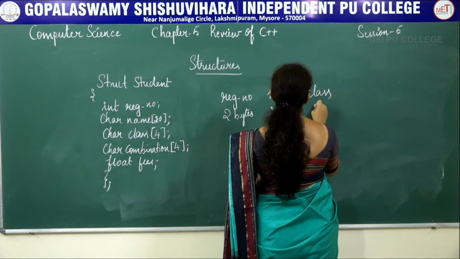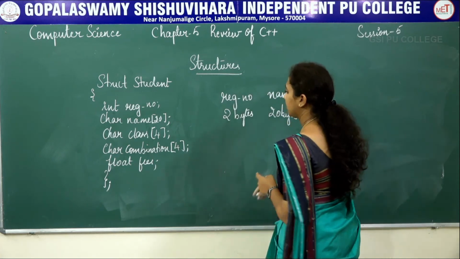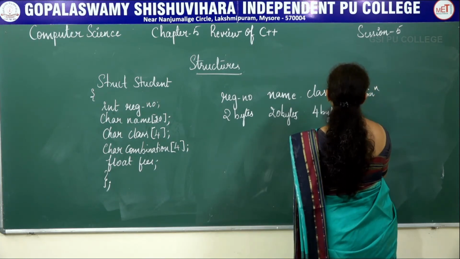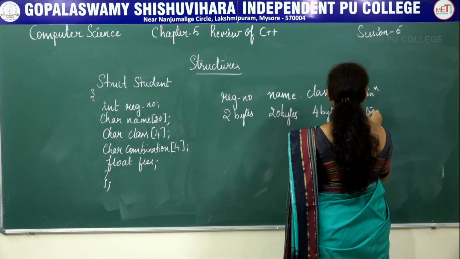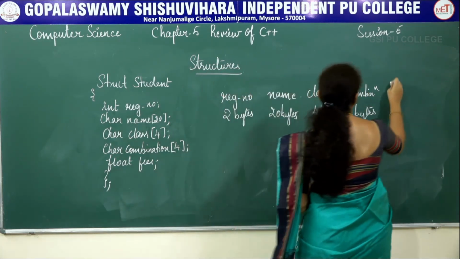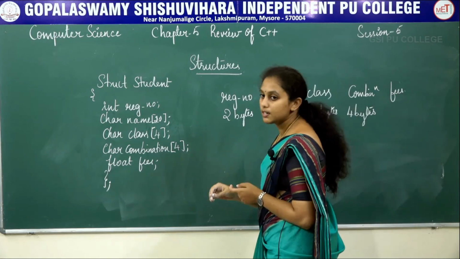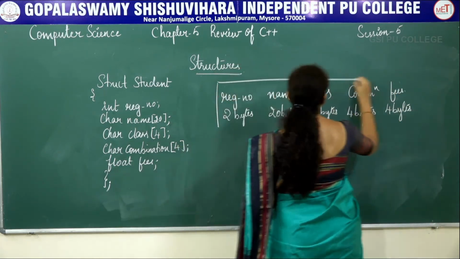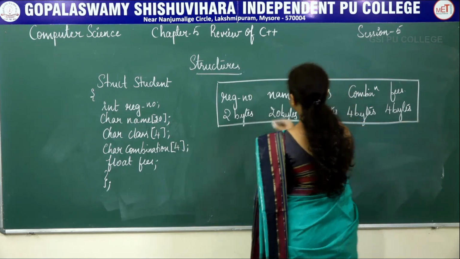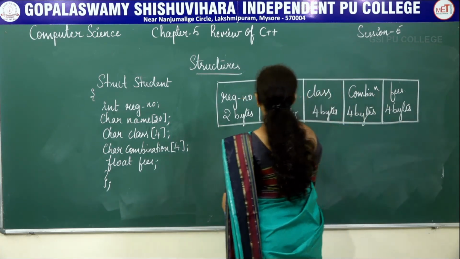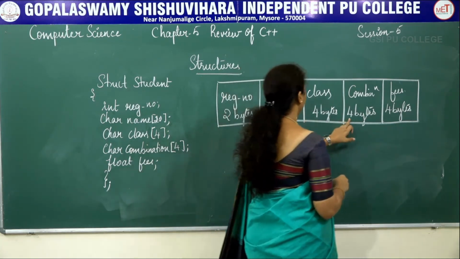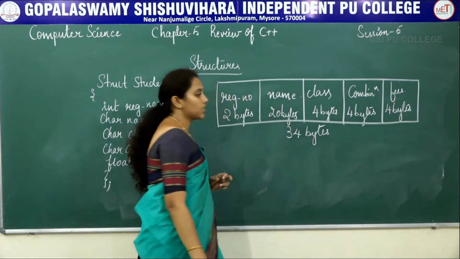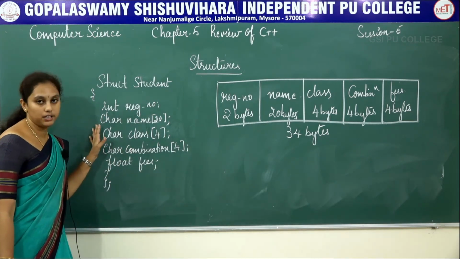Next, class is 4 bytes, char combination is 4 bytes, then float fees: the size of float is 4 bytes. So a total of 34 bytes of space is reserved in memory for these variables.